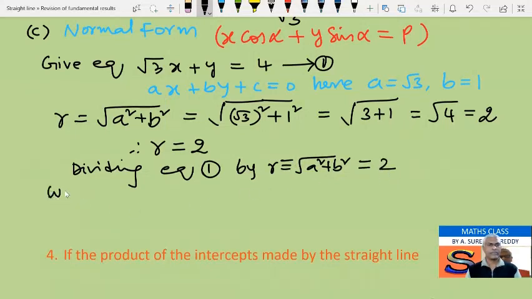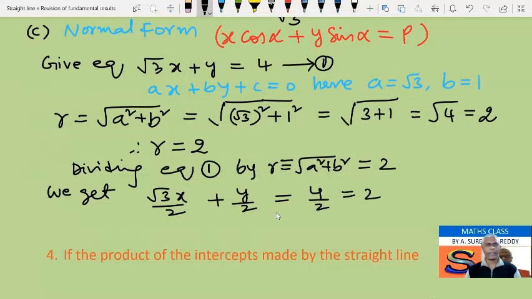So we get root 3 x by 2 and y by 2, equal to 4 by 2, that is 2.